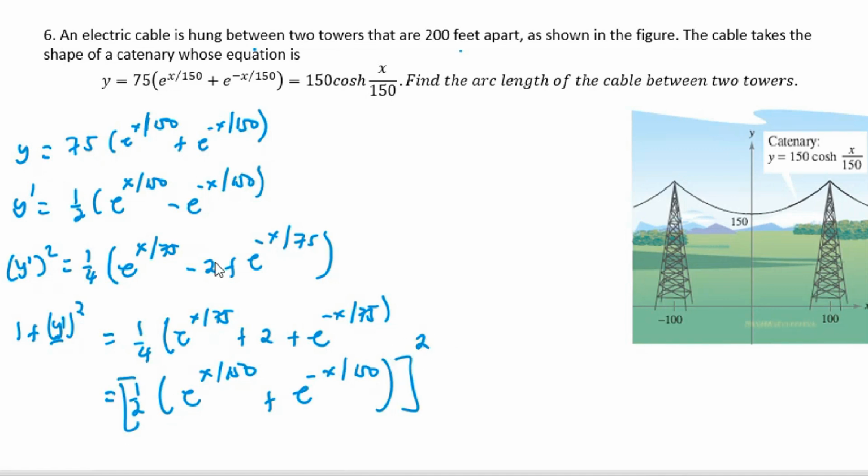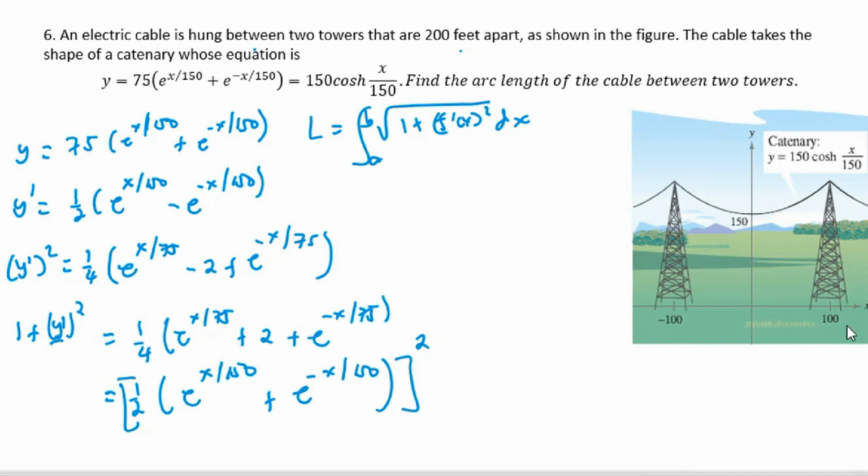Using the formula for arc length, L is equal to the integral of the square root of 1 plus the square of the derivative, dx from a to b. The interval is given from the graph, from negative 100 to 100, from one tower to the other tower.